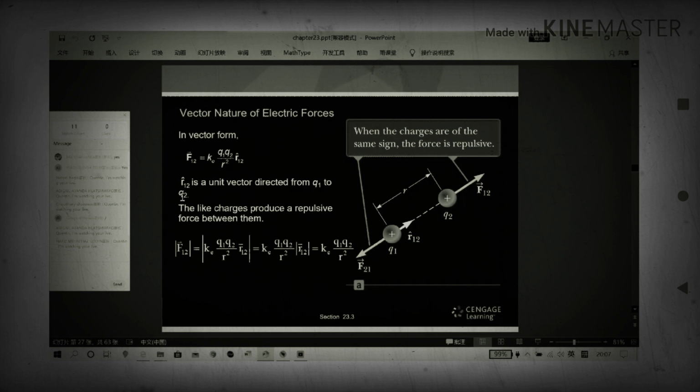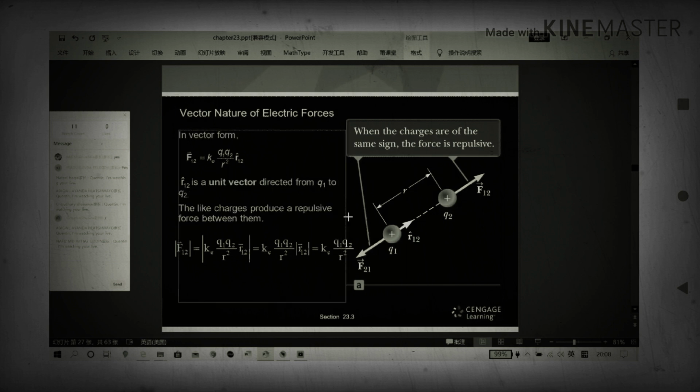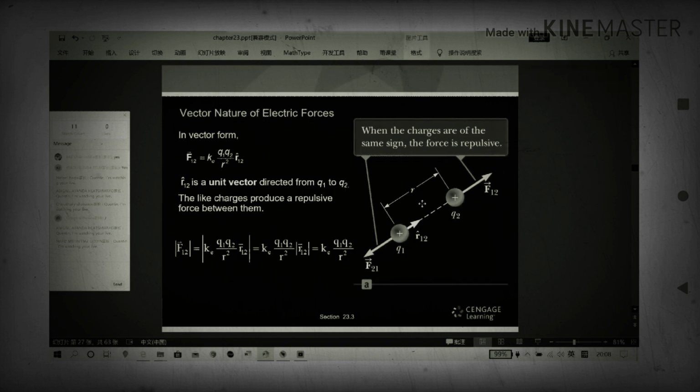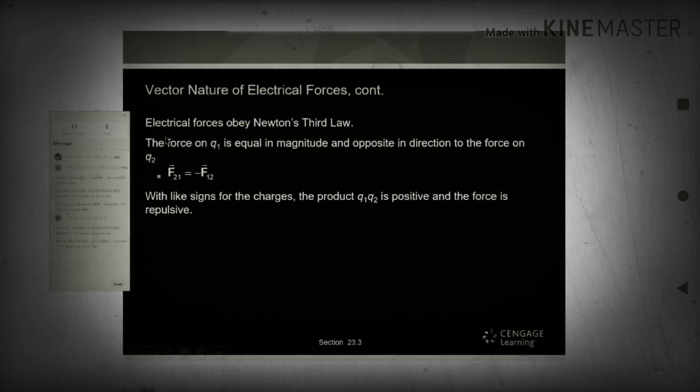So r hat 1, 2 is a unit vector directed from Q1 to Q2, which is really, really important. The like charges produce a repulsive force between them, so that's no problem. Now, let's say electrical forces obey Newton's third law.